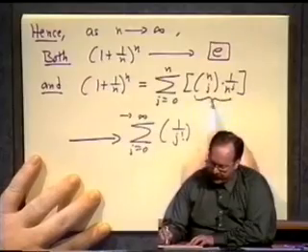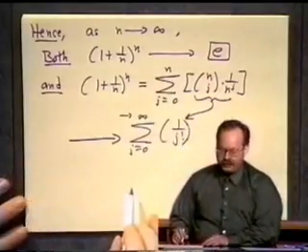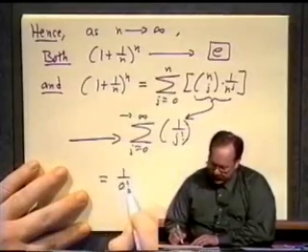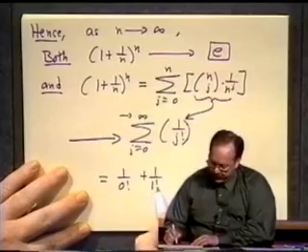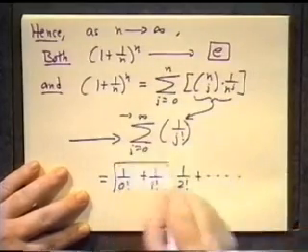Because remember, this part, as n goes to infinity, just goes to that. That's what we just showed. But what is this? This is equal to 1 over 0 factorial plus 1 over 1 factorial plus 1 over 2 factorial, etc.